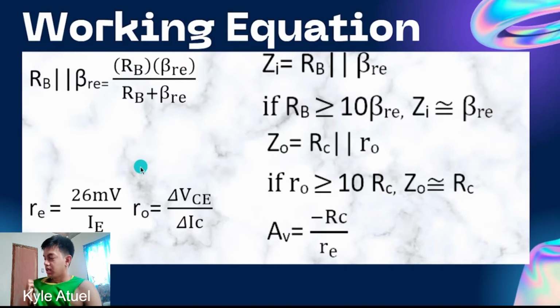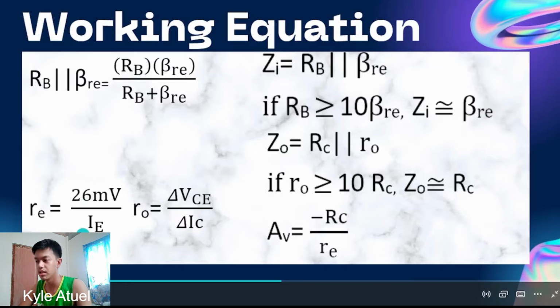Let's simply multiply RB and beta RE all over the sum of them. Next is RE. This equation here is just the default equation of RE, 26 millivolts all over IE.